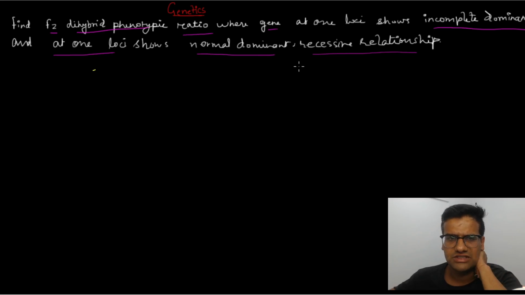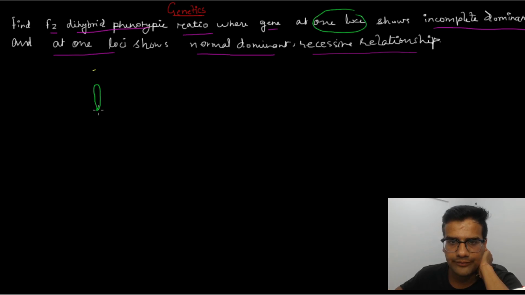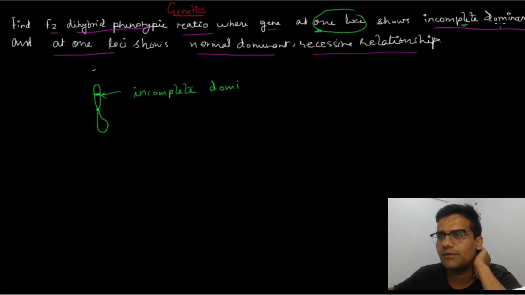Let us say this is the chromosome, and at this particular loci the gene shows incomplete dominance.